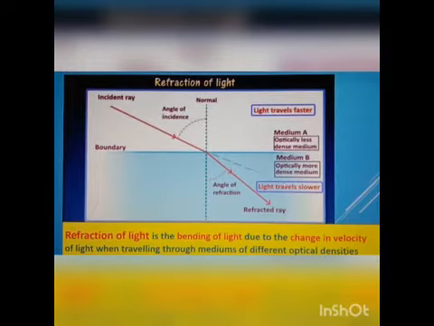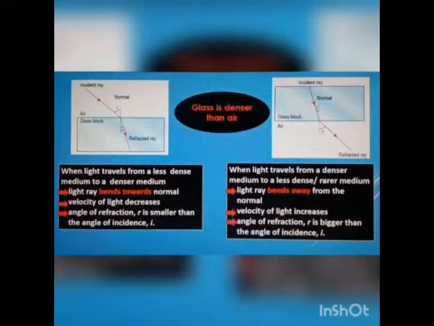Okay, now let's discuss further. What actually happens to the light ray when it travels from less dense to denser or denser to less dense? In this case, we have air and a glass block. You must understand this concept: I think you all know that glass is denser than air, meaning the density of glass is higher than the density of air.